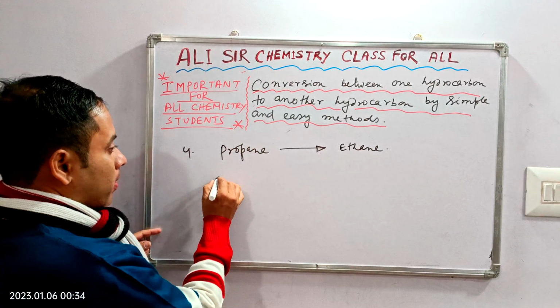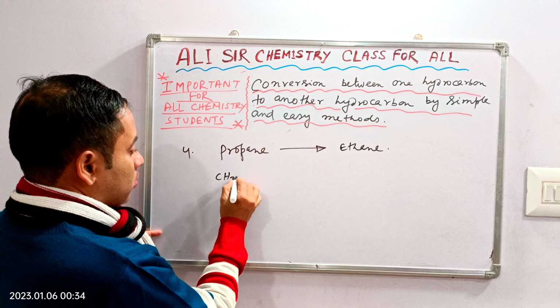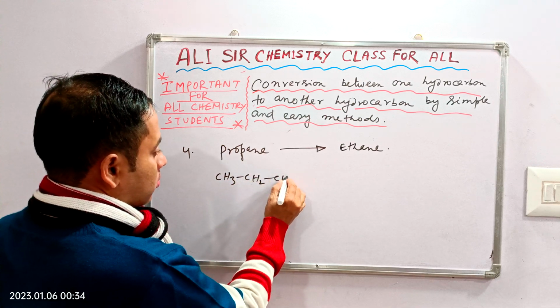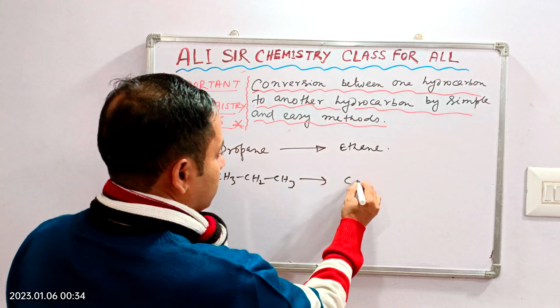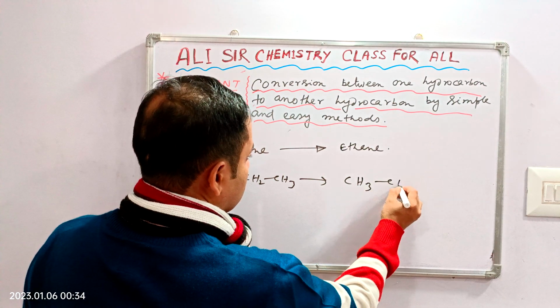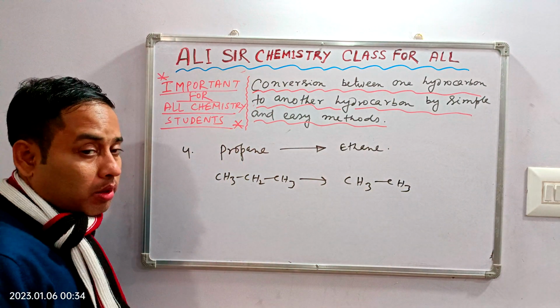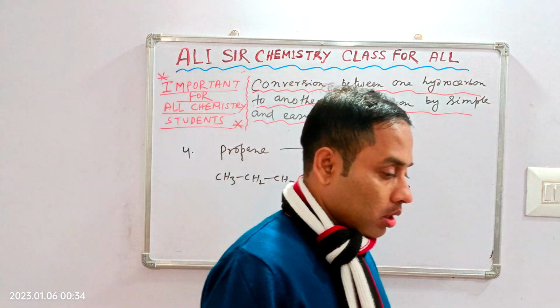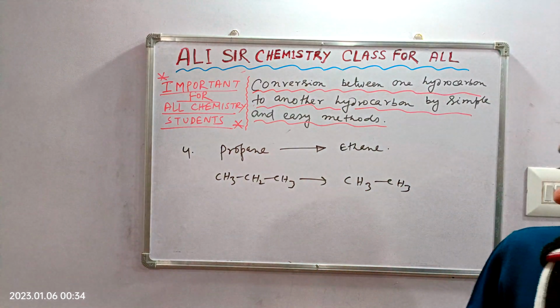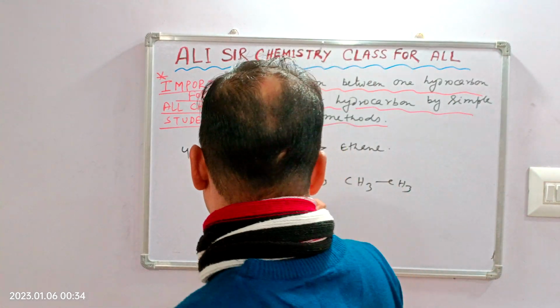What is propane? Propane means 3 carbon atoms, CH3CH2CH3, and ethane is CH3CH3. So one carbon has to be reduced here. If we reduce one carbon, the conversion will be done.